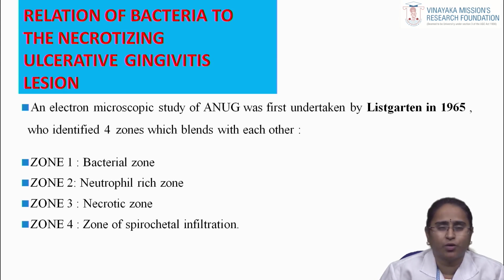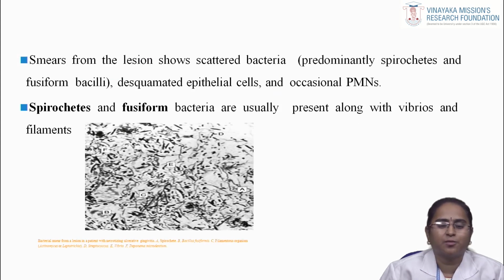The next zone is the necrotic zone, where necrotic epithelial cells and a fibrin network are seen. Then the zone of spirochetal infiltration, where the spirochetes are deeply infiltrated into the tissues. Smears from these lesions show bacteria, predominantly spirochetes and fusiform bacilli, along with vibrios and filaments.